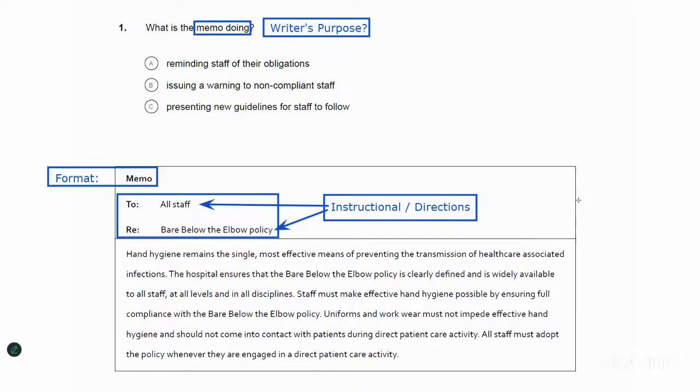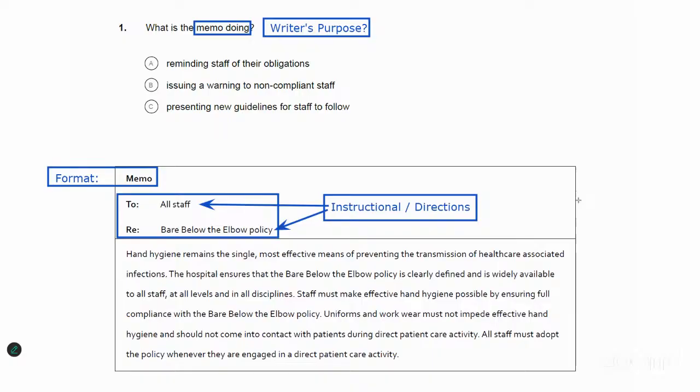Now here, option A, reminding staff about their obligations. So now the text says staff must make effective hand hygiene possible by ensuring full compliance.